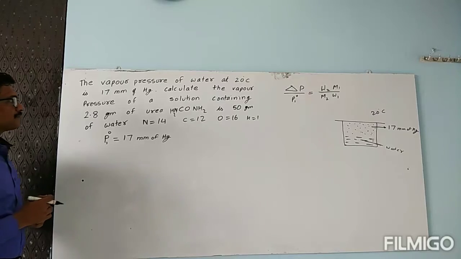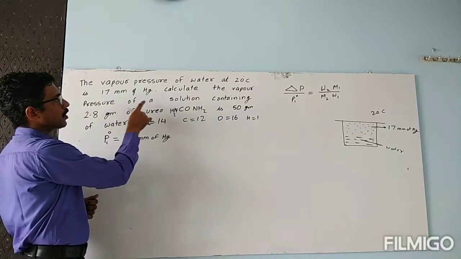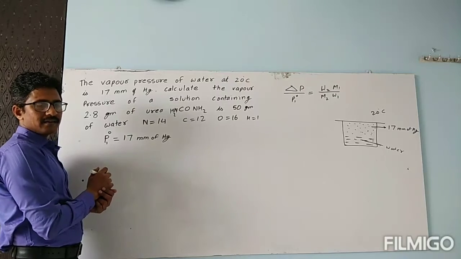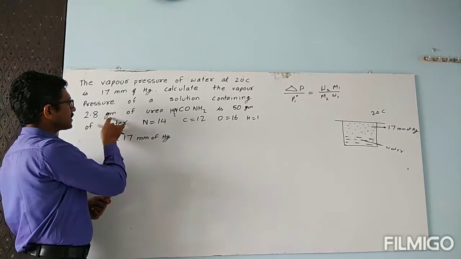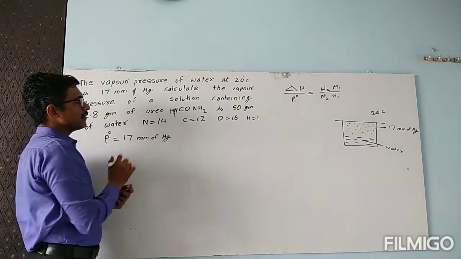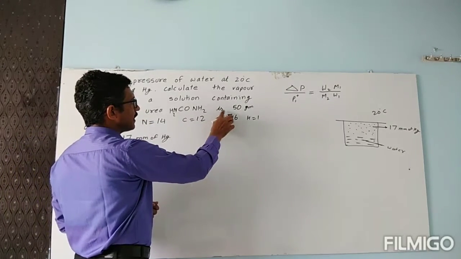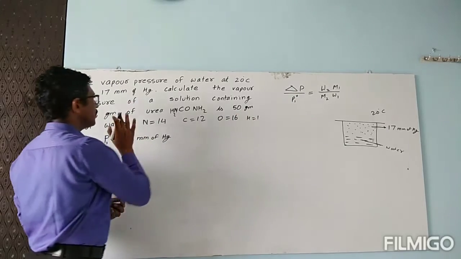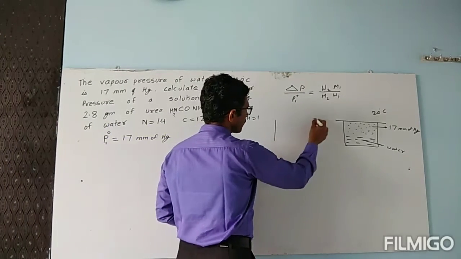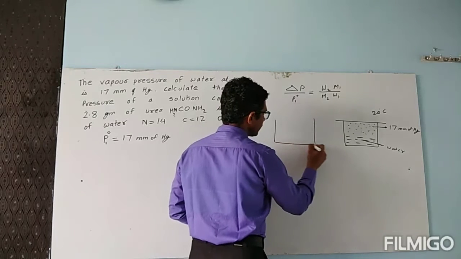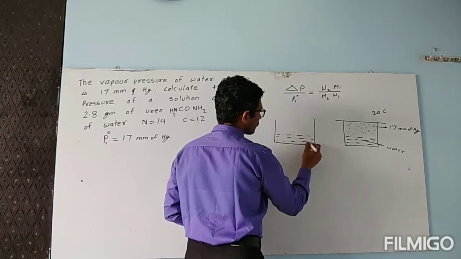Now they are asking, calculate the vapor pressure of the solution containing this much gram of urea and 50 gram of water. Means they have taken 50 gram of water.